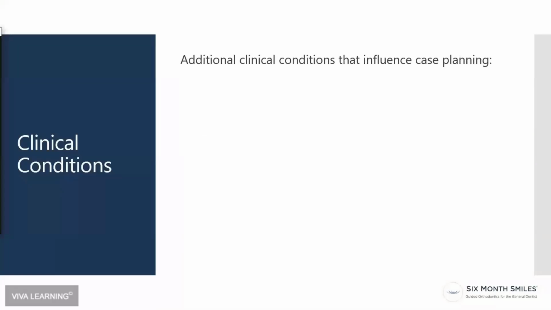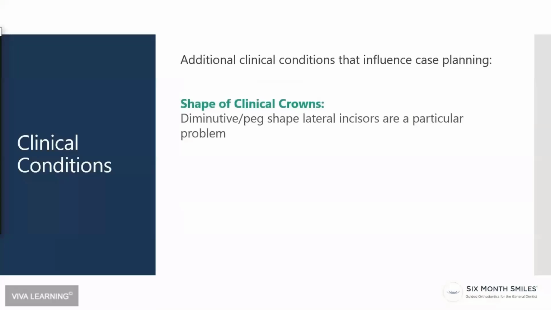Additionally, we need to look at the shape of clinical crowns. The success or the predictability of movement with aligners is directly related to the size and shape of the crowns, because different from the fixed appliance, there's nothing bonded to the tooth.